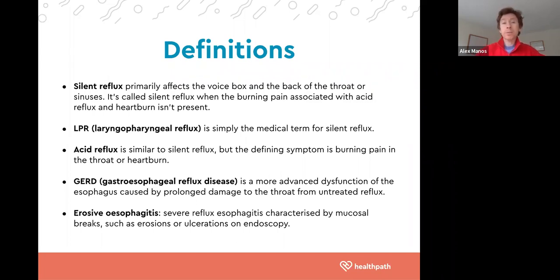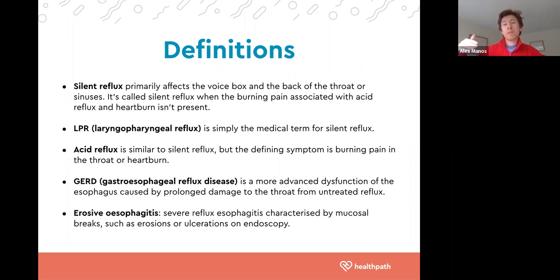Then finally, we have this idea of erosive esophagitis. Whenever you see itis at the end of a word, it means inflammation. So erosive esophagitis is where we have severe reflux and inflammation of the esophagus, which can be seen in things like upper endoscopies, where there could be ulceration or some mucosal breaks or erosion within the mucus layer.